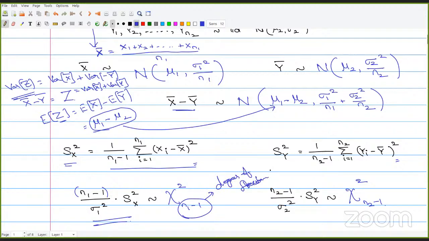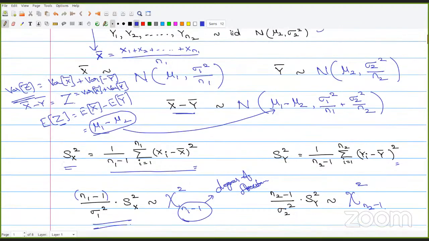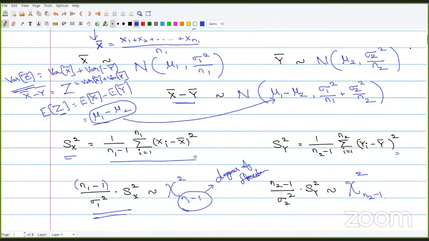Degrees of freedom is how many variables can vary independently, how many random variables can take any value without depending on the others. So how many are there in x1 to xn1? Is it n1? Just think about it for a minute.